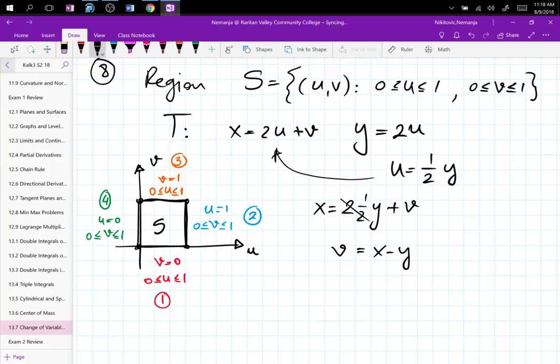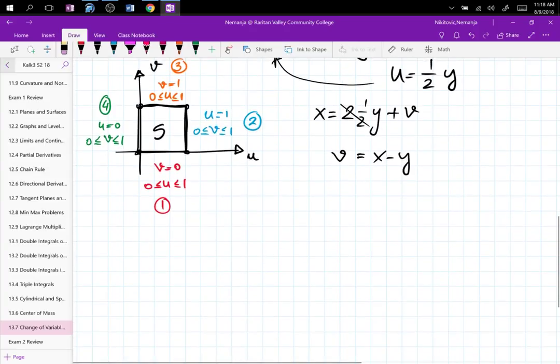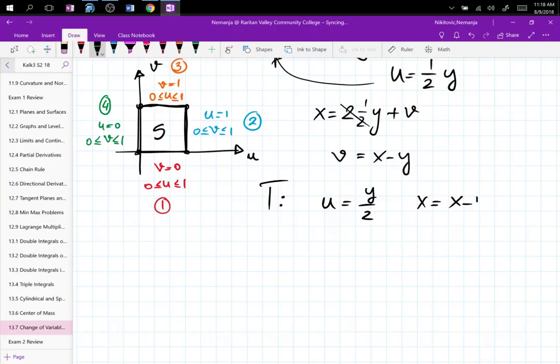The reason why I'm transforming this is because, again, I am given the target, the answer, and I'm looking at what transformed into it. So I have to use the backwards transformation, right? Because a transformation can go back and forth. So the transformation that we are actually using in this problem is u equals y over 2, and v equals x minus y.